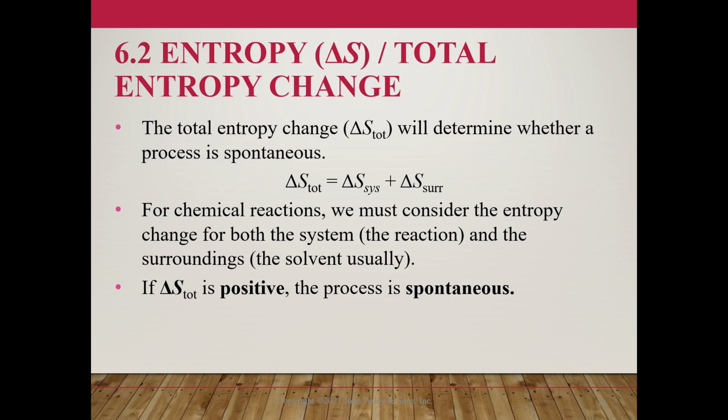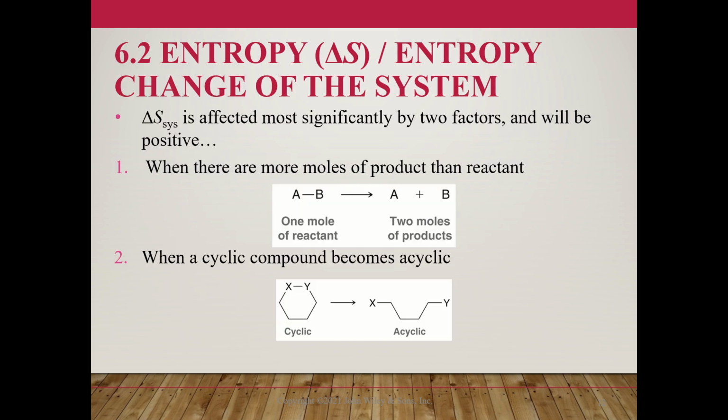For chemical reactions, we consider the entropy change for both the system, which is the chemical reaction, and the surroundings, which is usually the solvent that the reaction is occurring in. If delta S total is positive, then that's one way of saying that the reaction is spontaneous, because that is the natural trend for total entropy to progress.